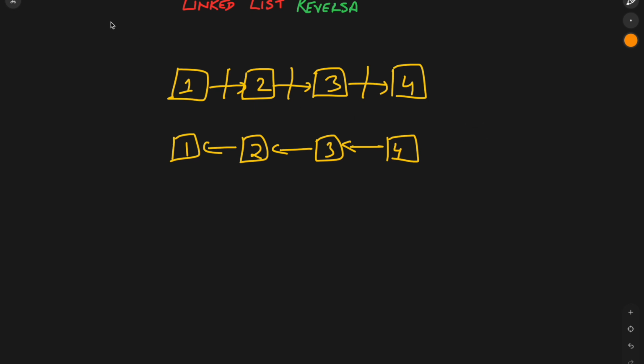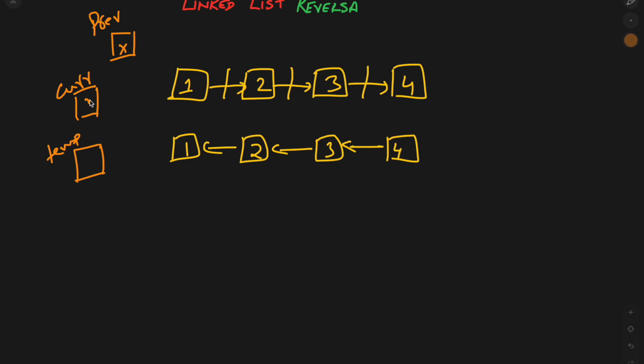What we will need is a few additional pointers. The first one would be previous, and then another pointer which we will call current, and then a third pointer which we can call temp.